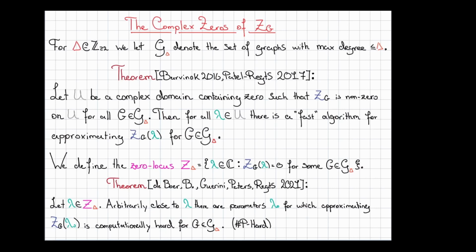But for the independence polynomial, I don't know of any family where there is such a description. I know, for example, that claw-free graphs are real rooted. So there you know the zero locus is just the negative real line for the family of claw-free graphs.